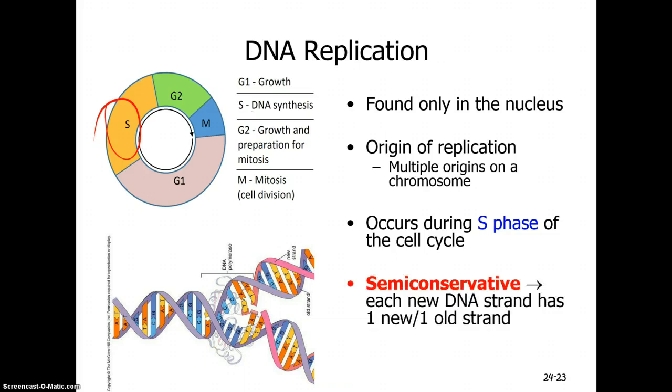And DNA is semi-conservative, which means when DNA is replicated, we have the original strand here, and semi-conservative means we're going to have one old strand, and then one new strand, one old, one new.